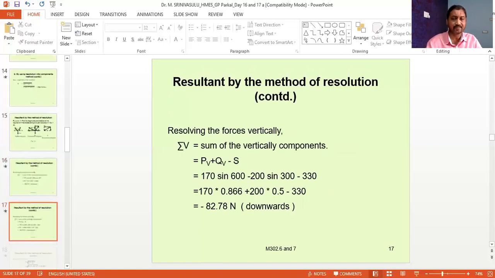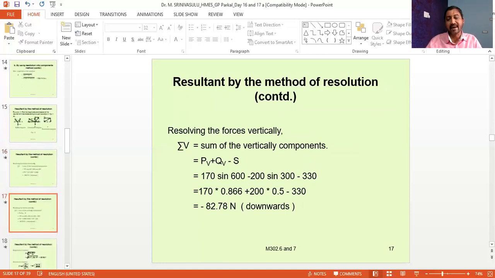Next, similarly, to find out the algebraic sum of the vertical components of all the forces, resolving the forces vertically, sigma V is equal to the algebraic sum of the vertical components of all the forces.